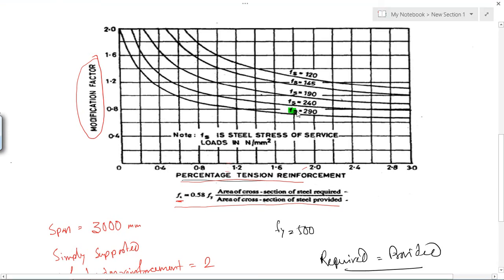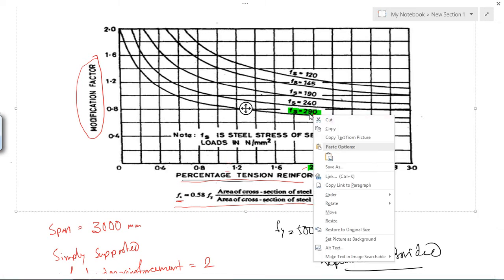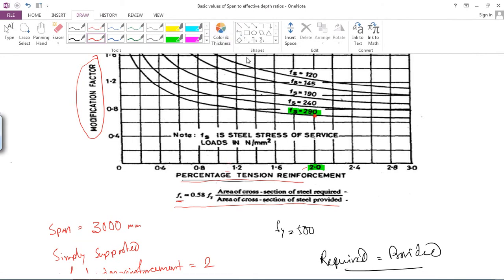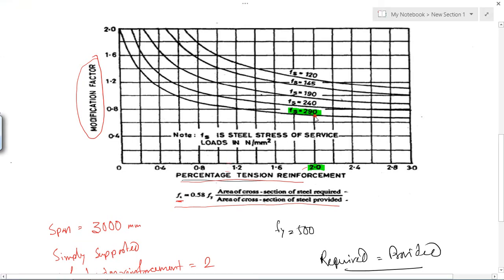This is 290 and the percentage of steel is 2.00. And see, this is a line and this is a joint. Okay. Now if you draw a straight line, you can have the value.